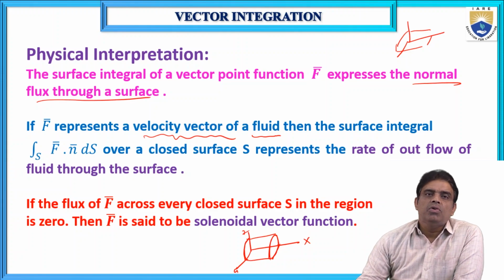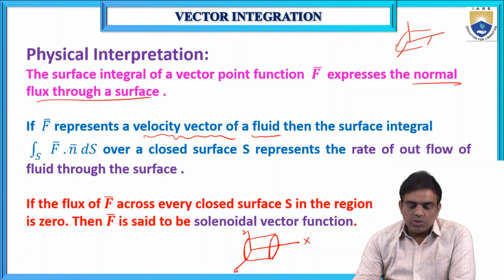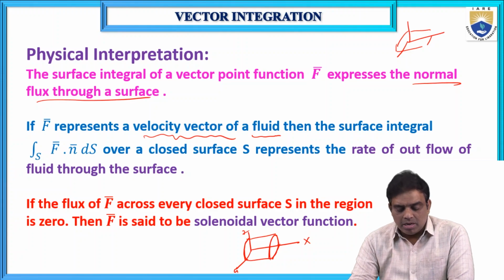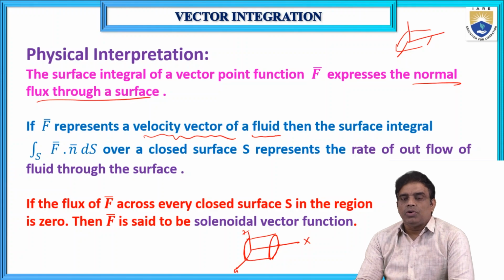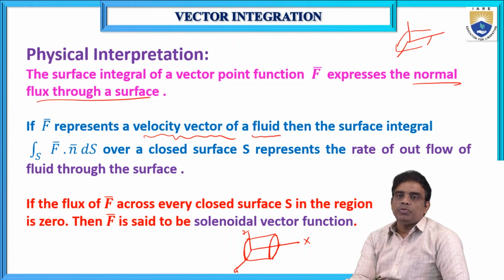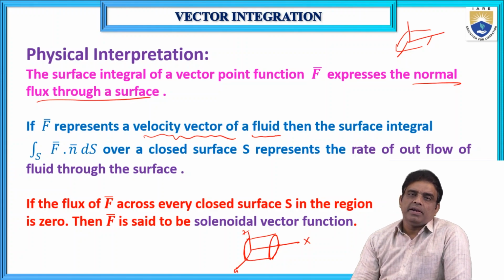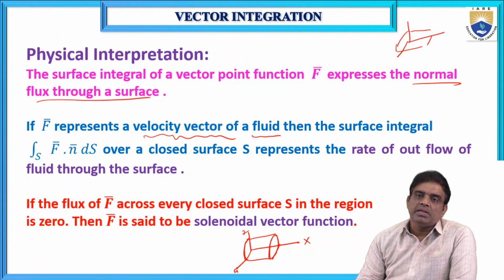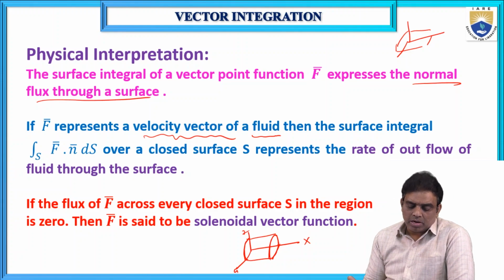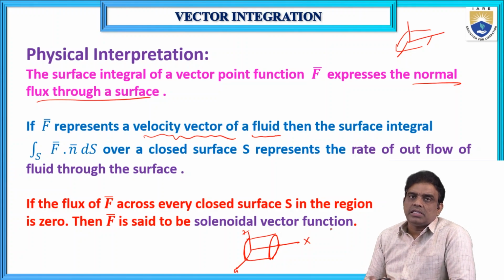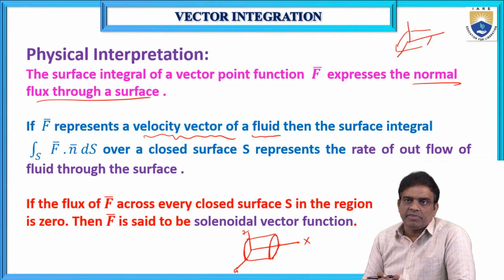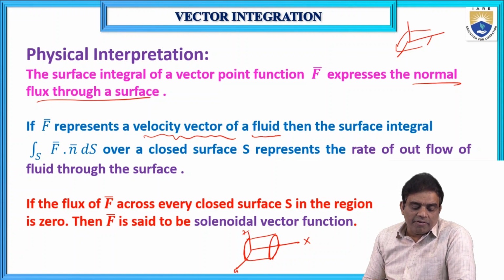So if the flux of f bar across every closed surface S in the region is 0, then f bar is said to be a solenoidal vector point function. That is another remark to remember. So the physical interpretation is that the surface integral of a vector point function f bar is the normal flux through a surface. Normal flux.